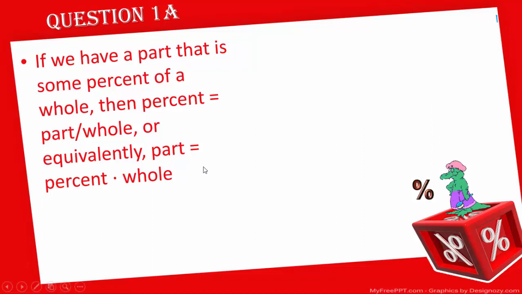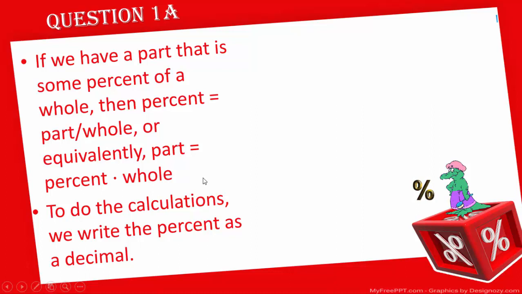So let's look at a situation. Let's look at some questions to see if this will clarify things. This should clarify things a little bit more. So to do these calculations, we want to write the percent as a decimal. So we're going to write each of these as a percent.